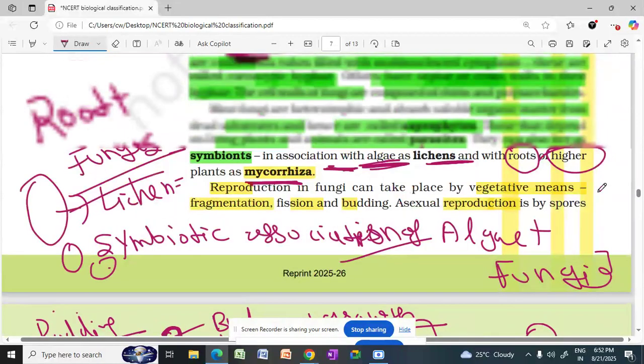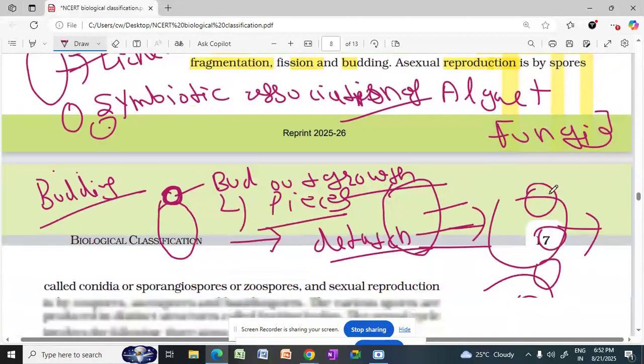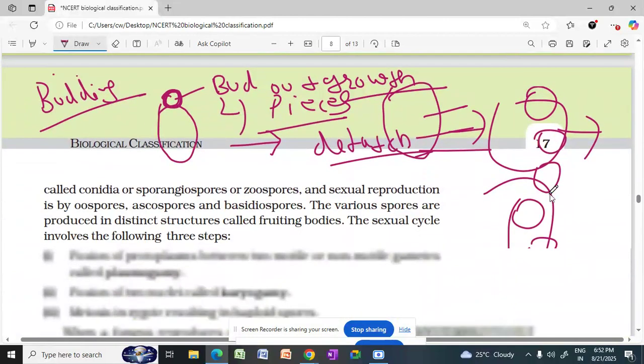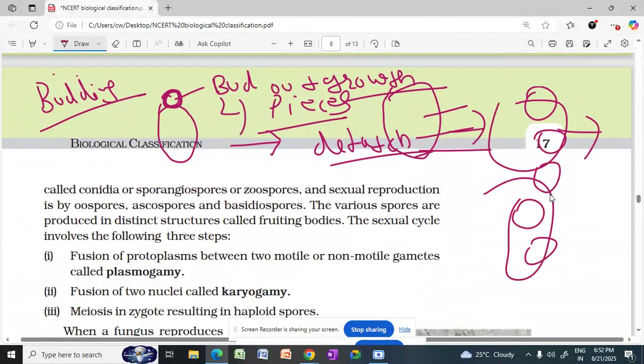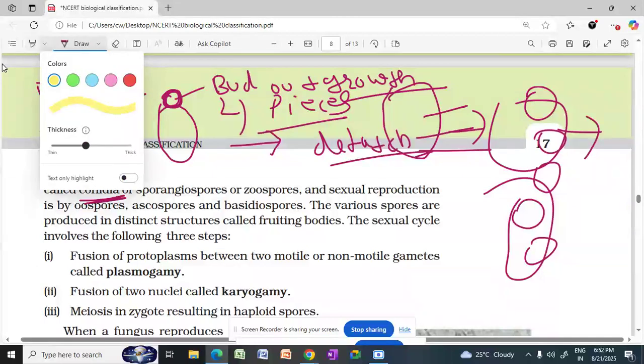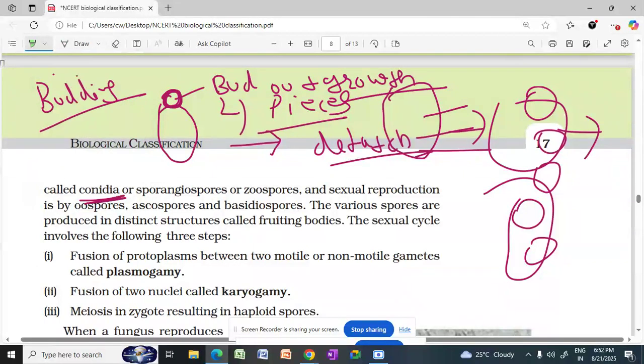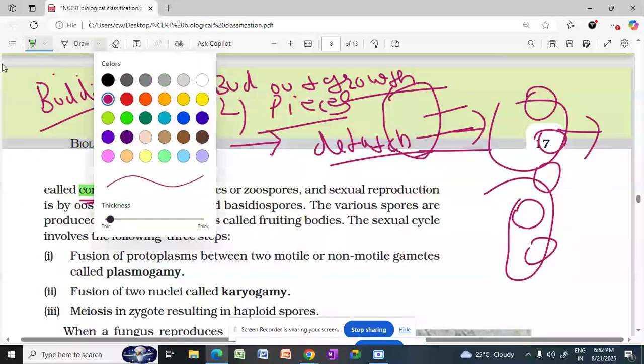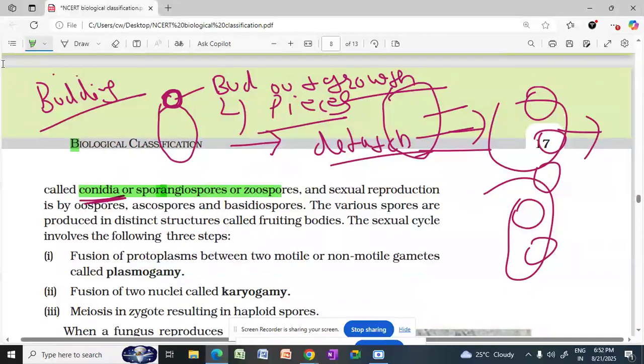Here, asexual reproduction takes place by the structures called spores, called conidia. What can be the different types of spores here? Conidia, sporangiospores, zoospores. Are you getting my point? These are different types of spores.